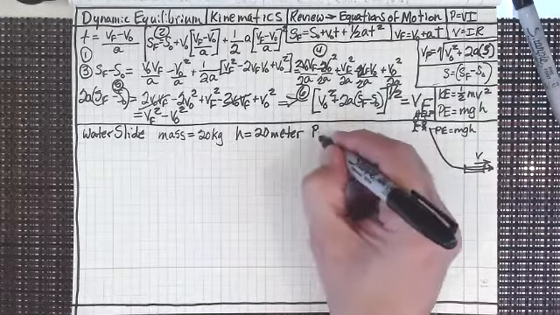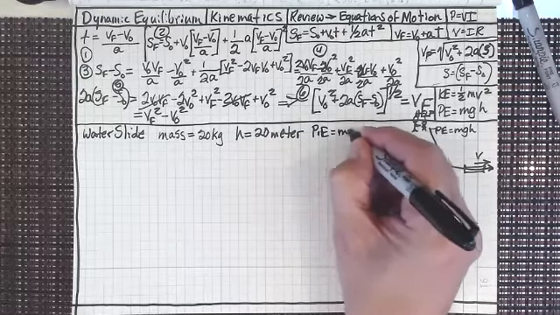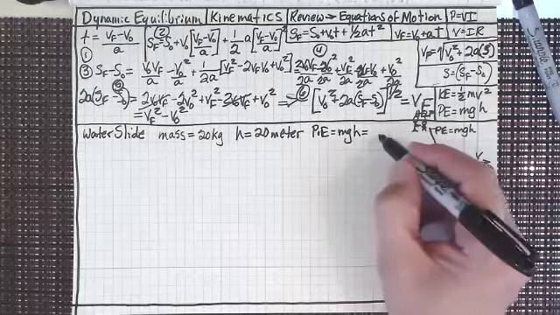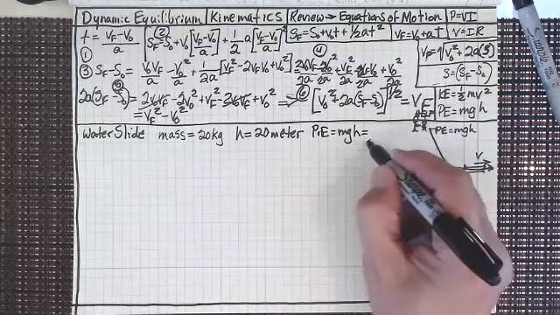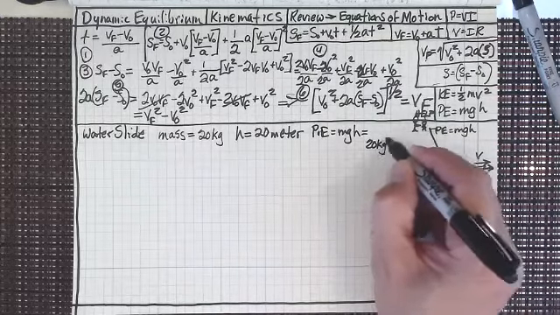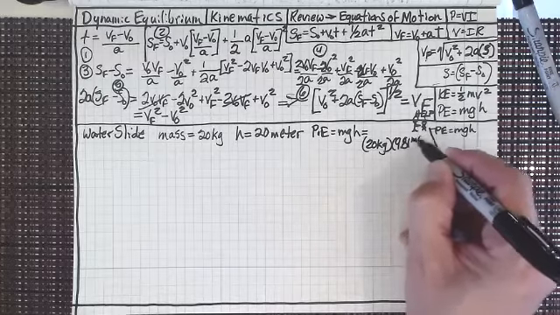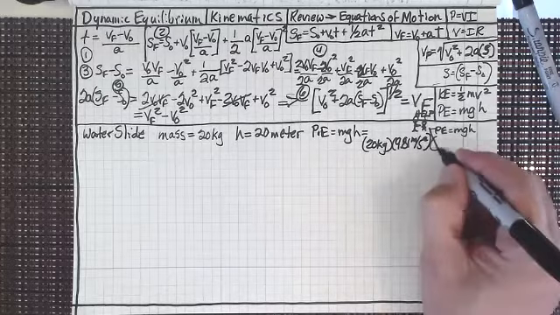So his potential energy is going to be mgh, right? So 20 kilograms times 9.81 meters per second squared times 20 meters.